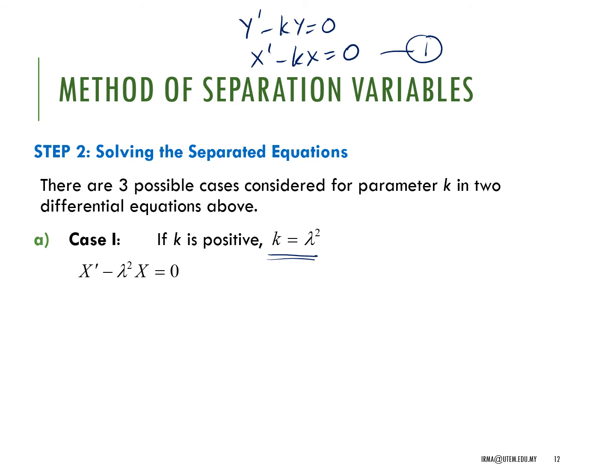We need to find the solution for x and also y. For both equations, when we substitute k equal to lambda squared, we will have two equations again, and you need to solve them. How to solve that?